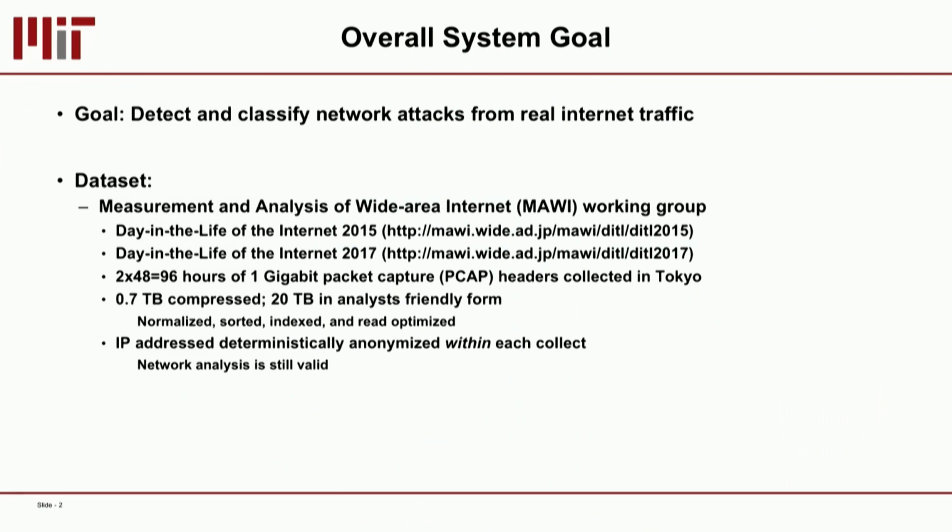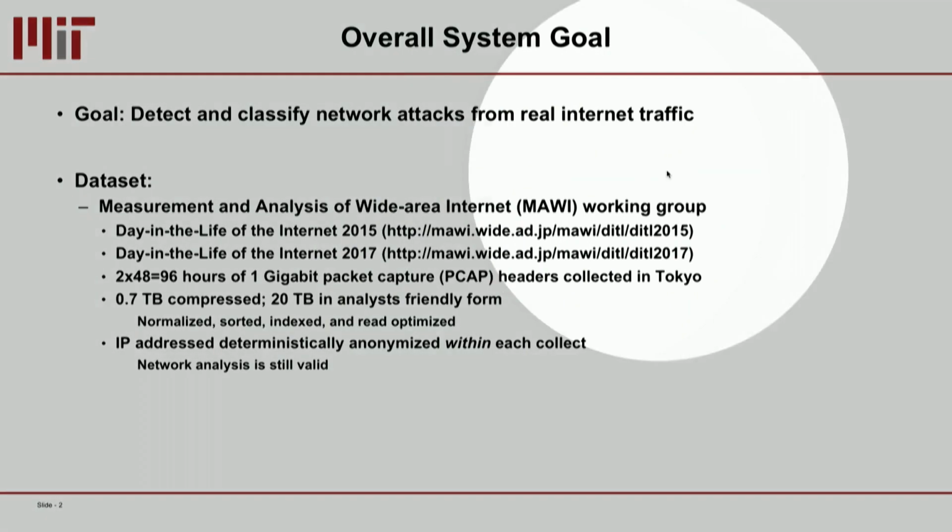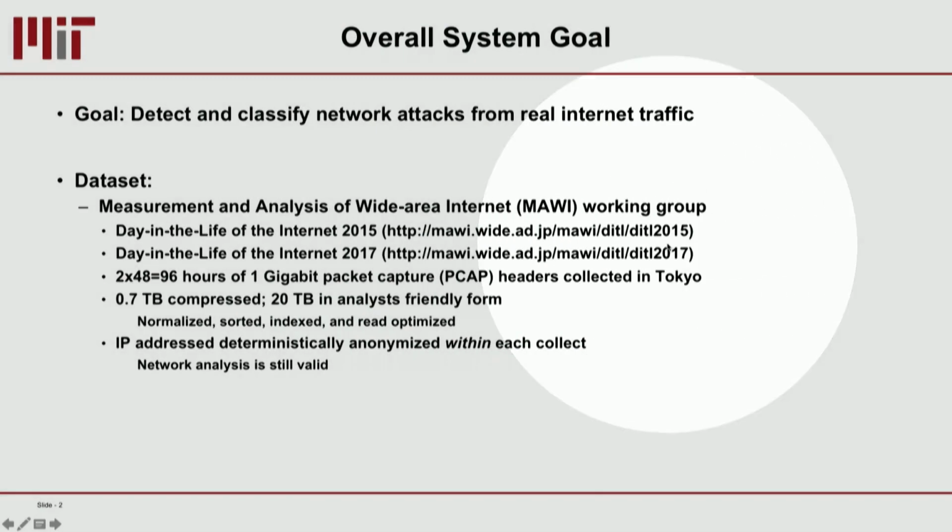We were fortunate that there is a group in Japan called the MAWI Working Group, which stands for the Measurement and Analysis of Wide Area Internet Traffic Working Group, that has a 10 gig link that they've tapped using a network tap, and they make this data available. It's continuously updated even to today.